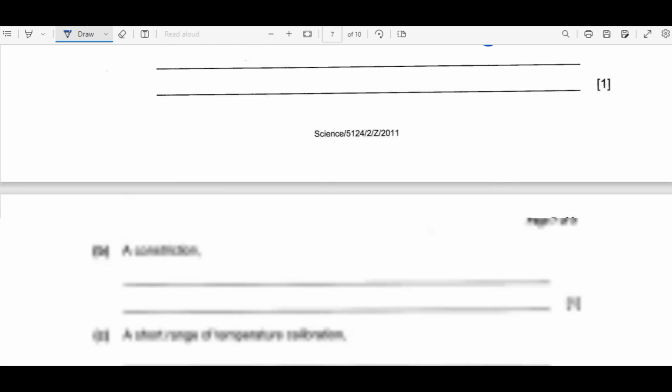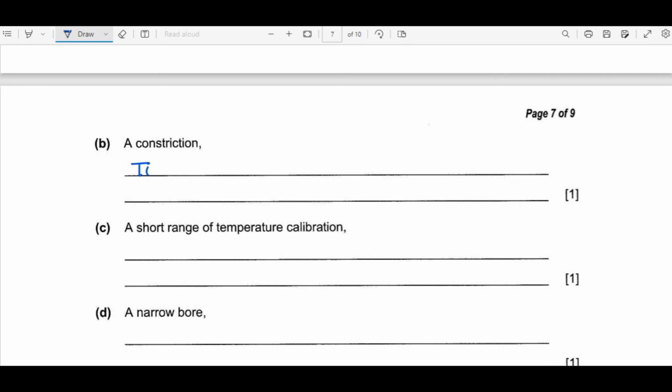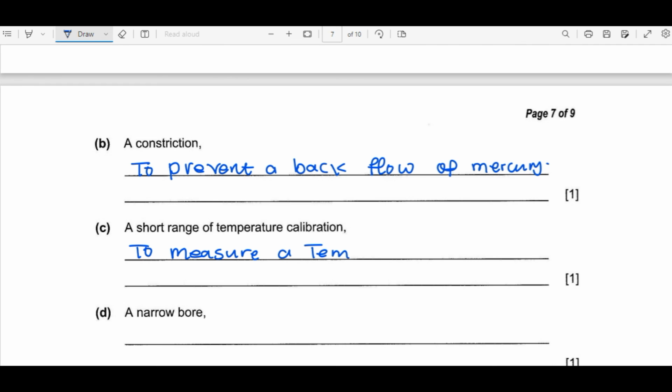Then we move on to a constriction: to prevent a backflow of mercury. Then a short range of temperature calibration: to measure the temperature of a human being.